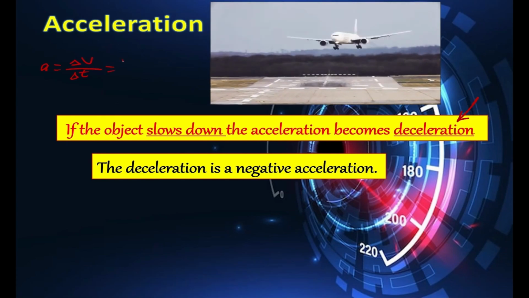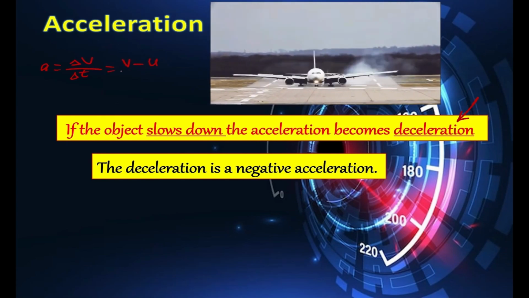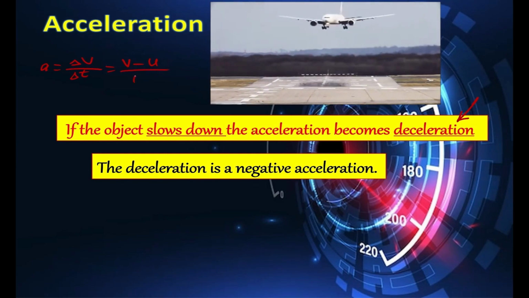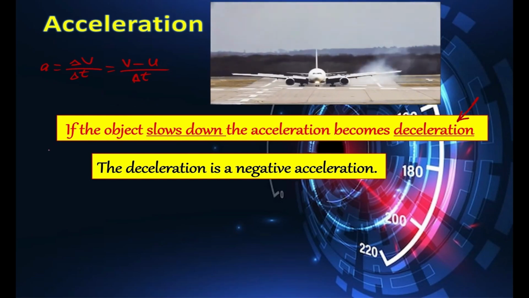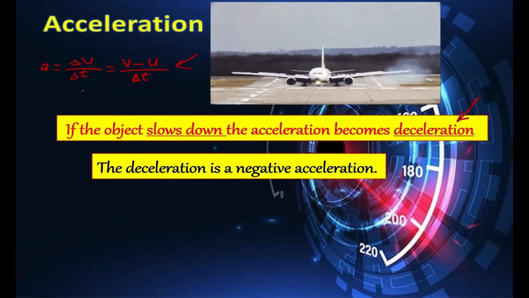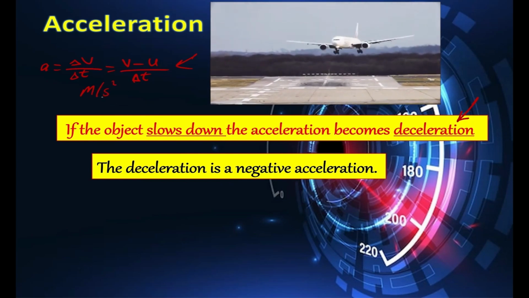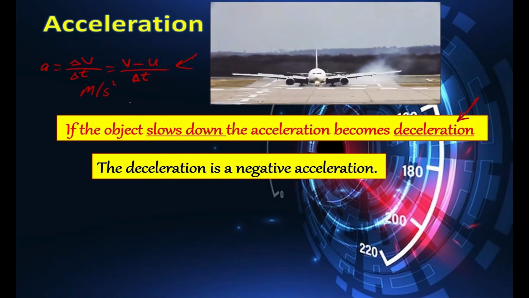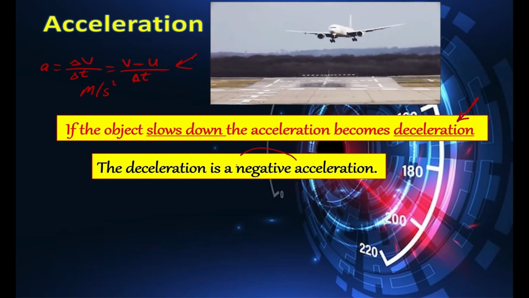In this case, we get the final velocity minus the initial velocity over the time interval. So whatever the acceleration, if it is positive acceleration or negative acceleration, which is deceleration, we'll use this. The same unit, of course, meter per second squared. The only difference is the deceleration has a negative sign.